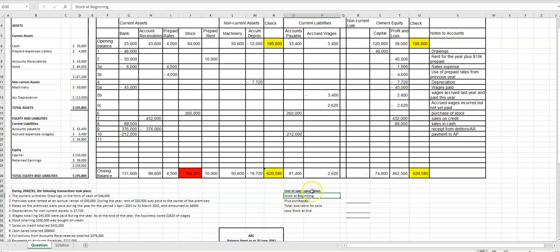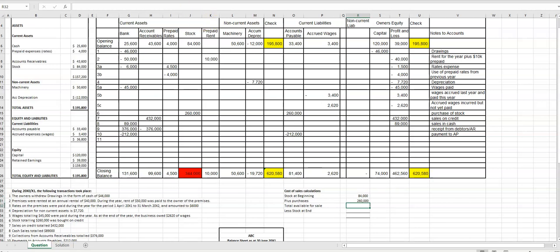So over here we've got a little calculation. So our stock at beginning we were told was $84,000. So let's put $84,000. Plus we made some purchases. So our purchases here we can see totaled, the only purchase transaction we have is this one here of $260,000.